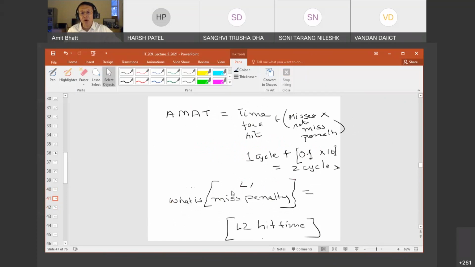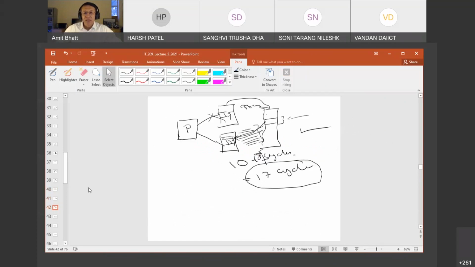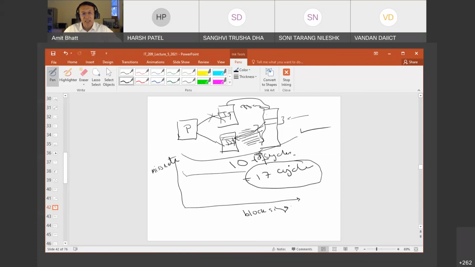See, we did talk about the graph which you had seen, where this axis was miss rate and this was block size. And then these curves were drawn for various sizes of cache.